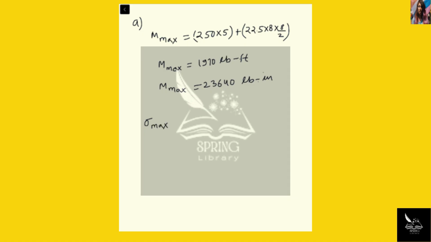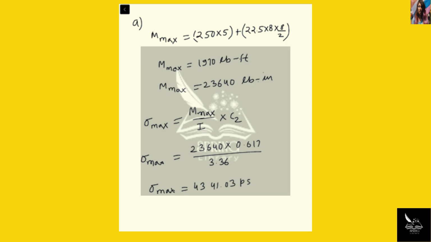23640 lb inch. Okay, so now to determine the maximum tensile stress, we have sigma max equals Mmax divided by I multiplied by C2. Substituting the values, we get sigma max equals, Mmax is 23640, C2 is 0.617 and I is 3.36.